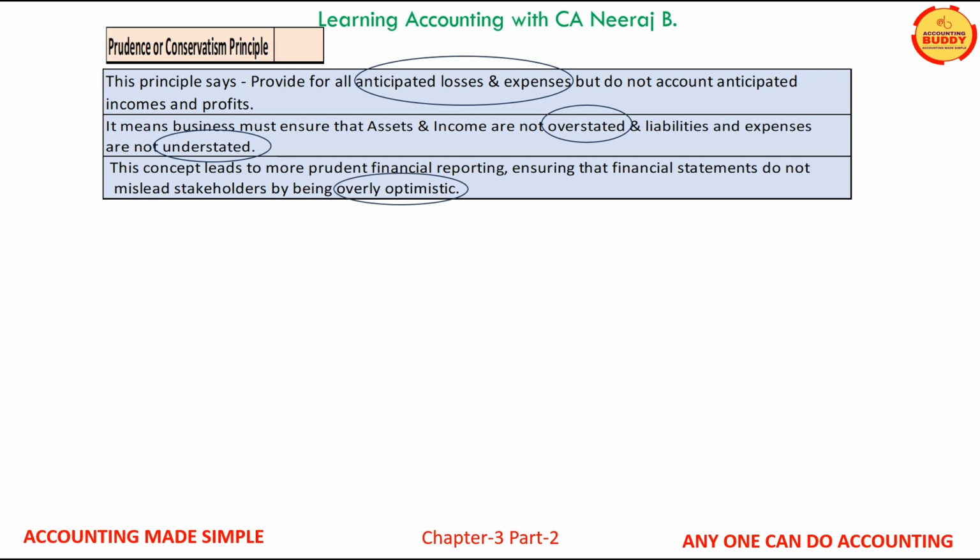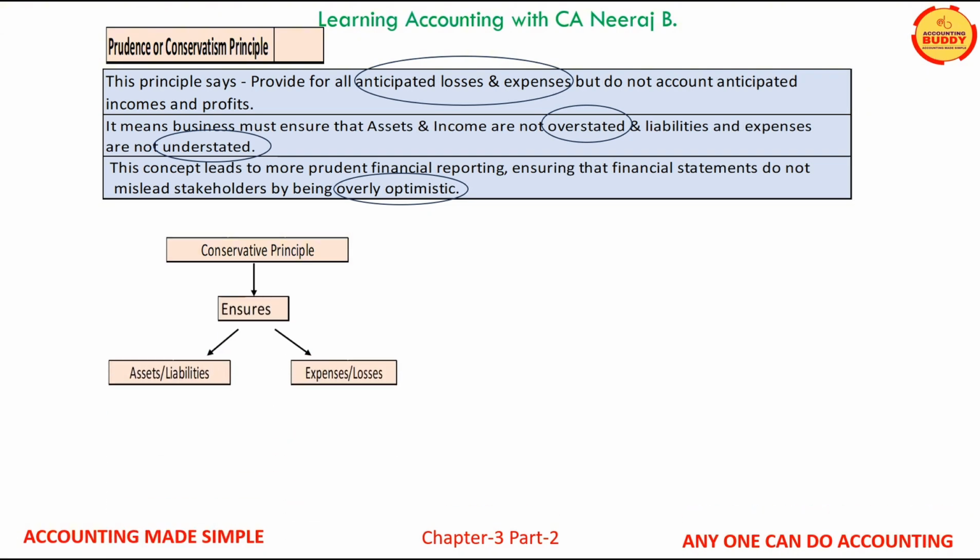Therefore, the conservative principle ensures that the assets and liabilities and expenses and losses are correctly stated in the financial statements, so as to ensure that the profits are not overstated and losses are not understated.